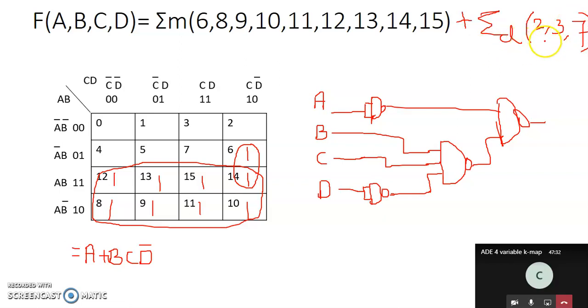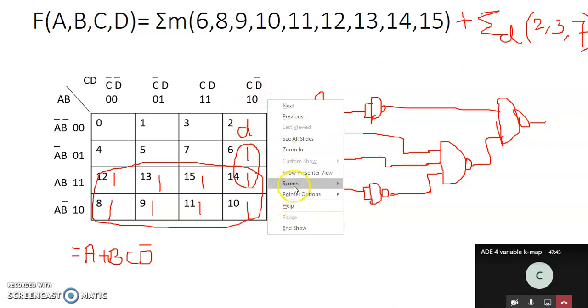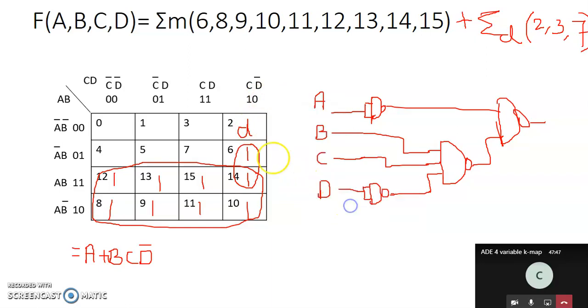I've just written them randomly. If these are the don't cares, how do I write that? I can write D, or else I can write X, anything. It's up to you. Better we write X only.